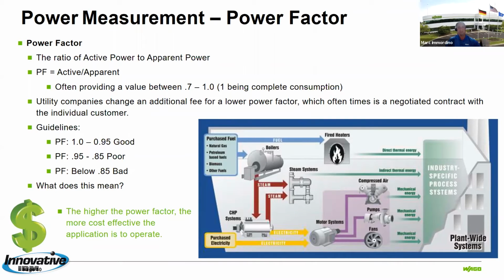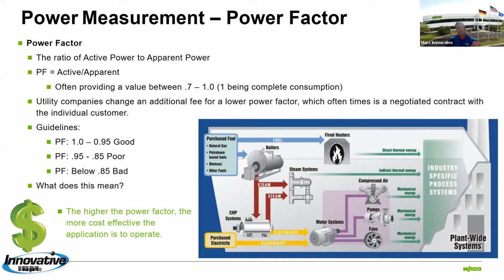And this increases generation and transmission cost. So we'll look at a cost analysis in just a moment. But basically what it boils down to is, a good power factor is considered to be somewhere between 90 and 95, so 0.9 to 0.95. 1 would be ideal, would be perfect, but it doesn't always happen.